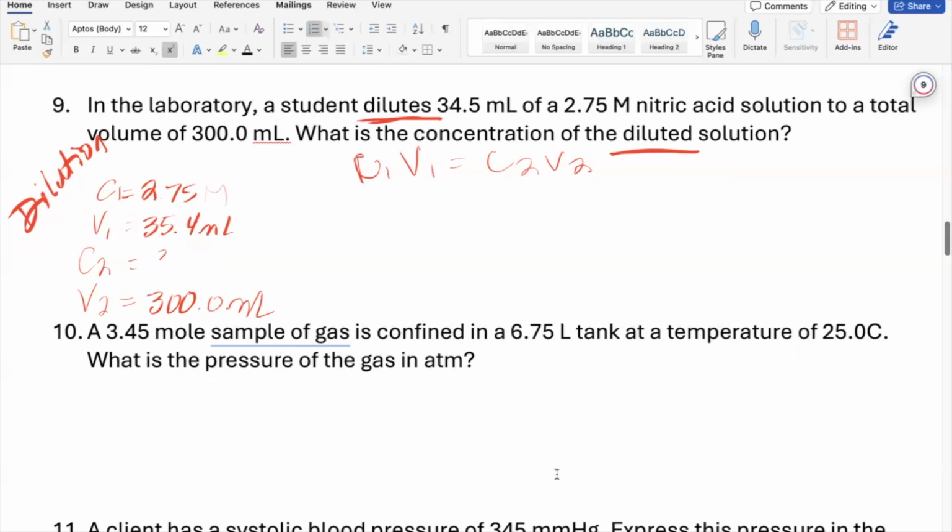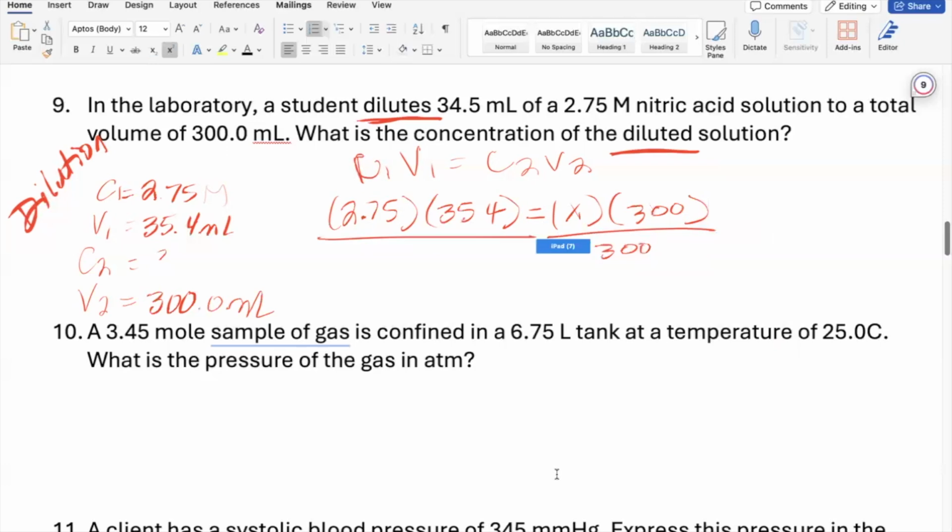Now it's just a matter of plugging these numbers into the equation. We have 2.75 times 35.4 equals X times 300. To get X all by itself, we divide by 300 on both sides.